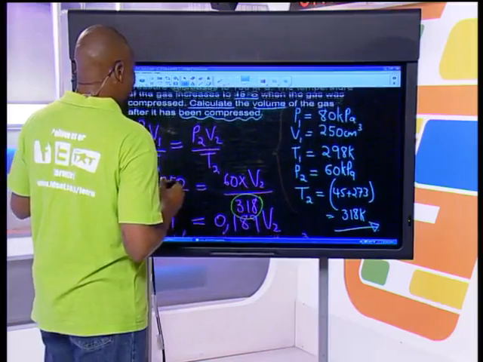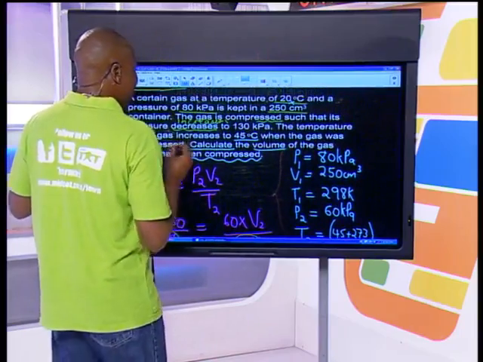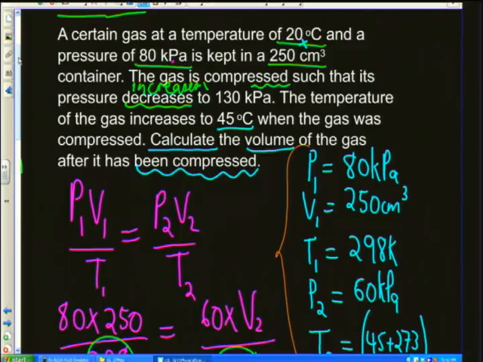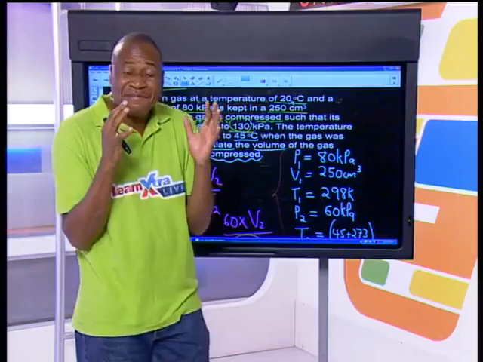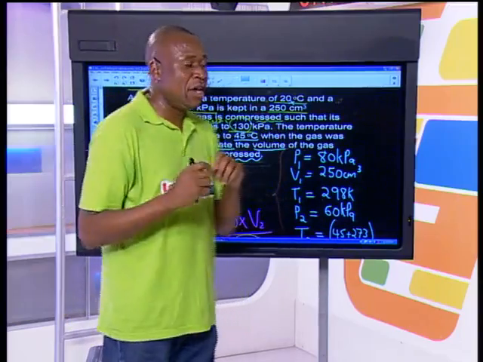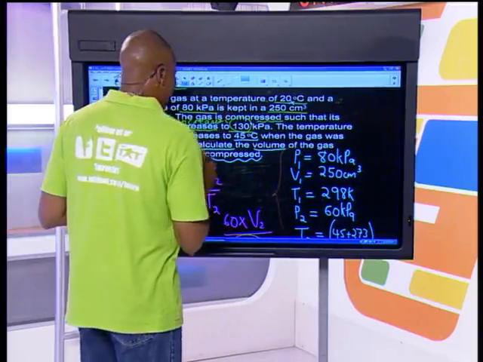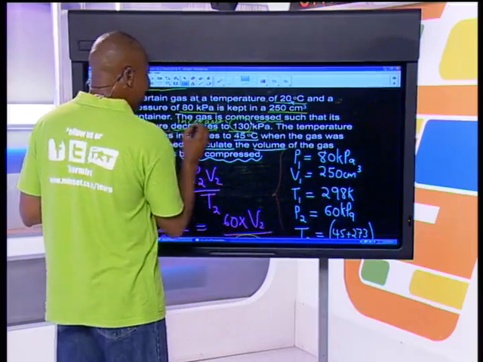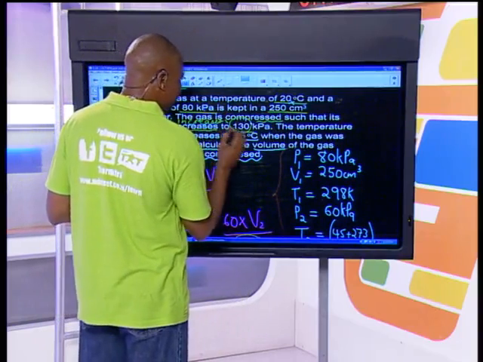Instead of changing this one to 60, the wording should have said that the pressure increased, because when you are compressing something, the pressure of the gas should increase. So that's where I was getting it a bit wrong. So the pressure increases to 130.